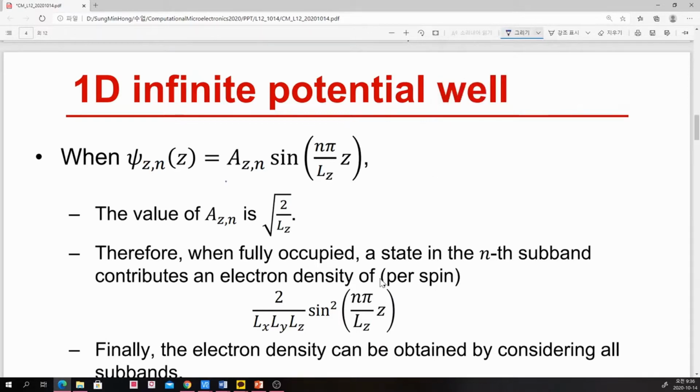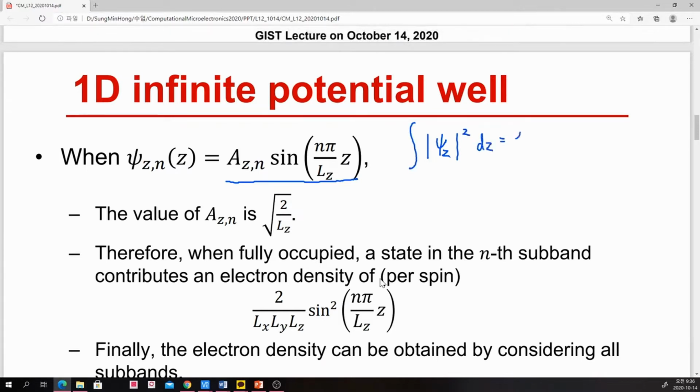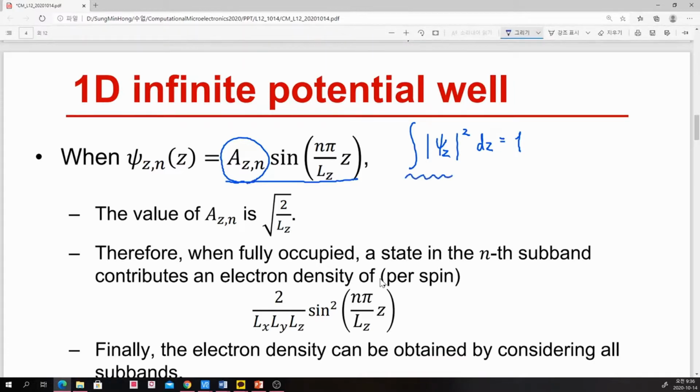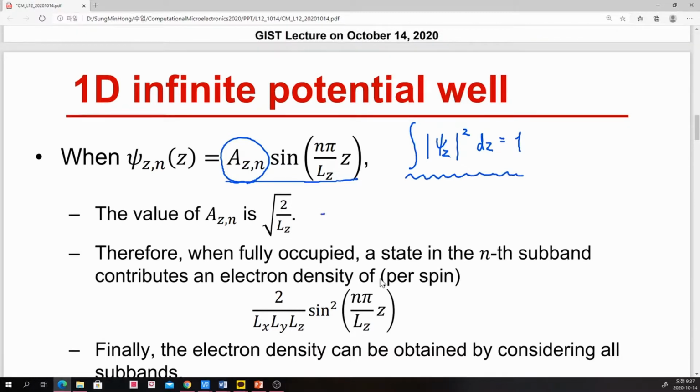This is the wave function, and since we are assuming that even the z directional wave function is normalized to unity, we have to decide our leading coefficient to satisfy this normalization condition. You can easily find that this is the coefficient which satisfies it.